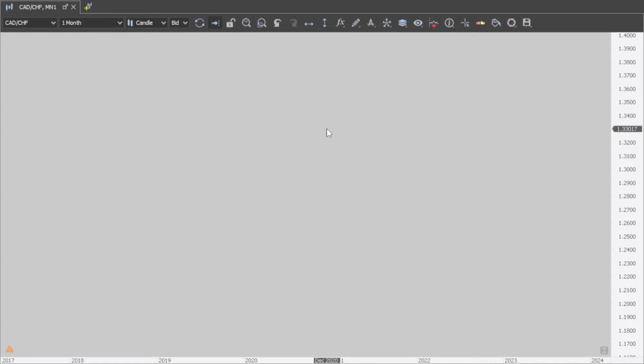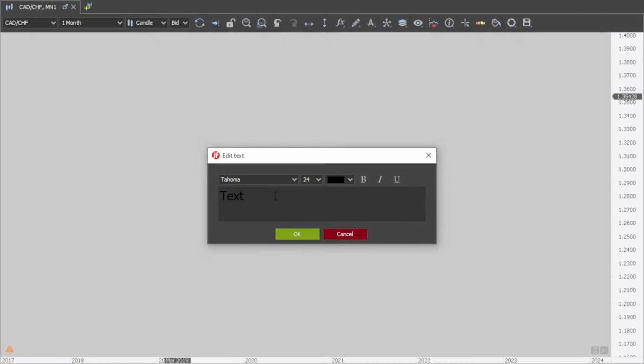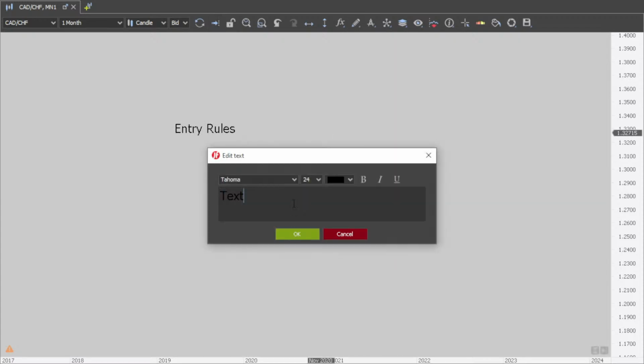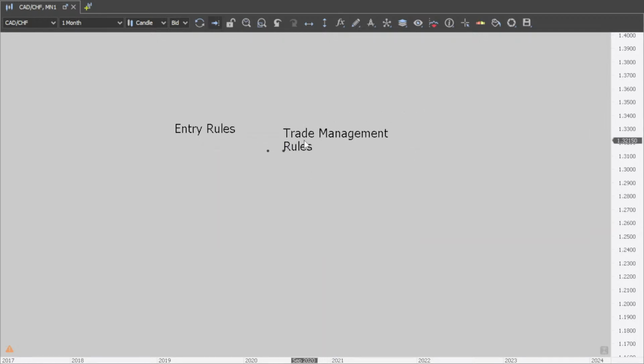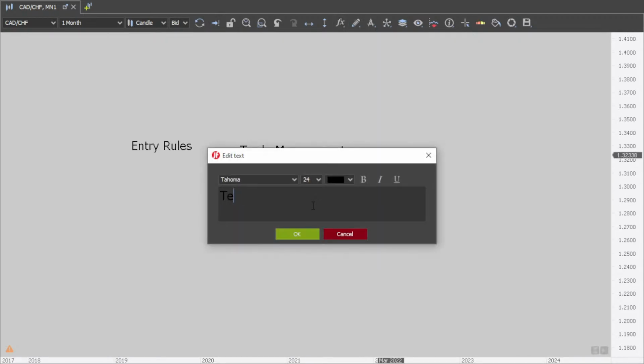Okay everybody, so, what is your strategy? Part 1. Now, we are going to talk about entry rules, and we are going to talk about trade management rules, and then we are going to talk about exit rules.